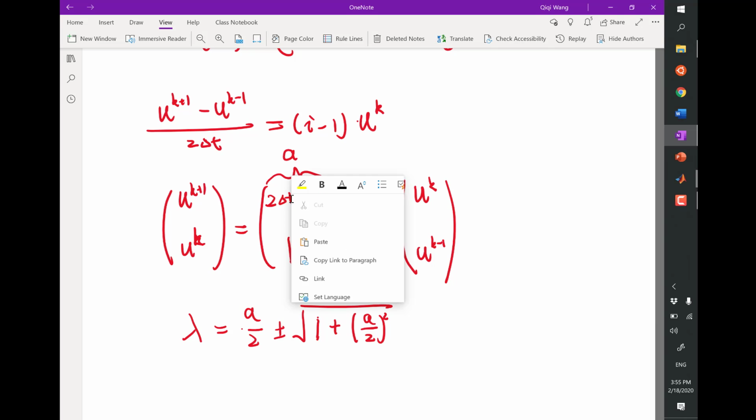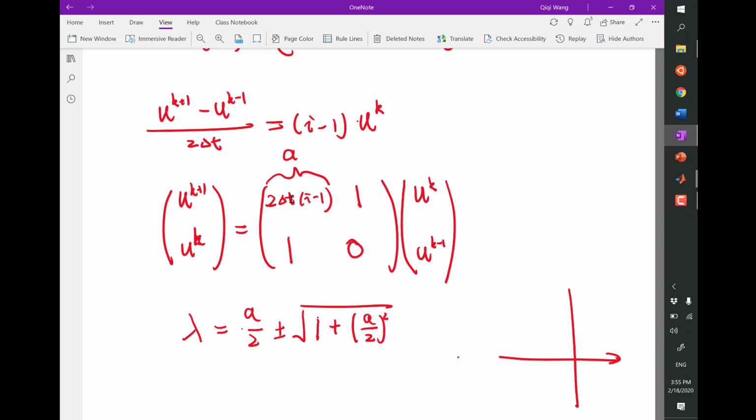For example, for forward Euler, we are going to draw out a region like that in the complex plane, with the imaginary part of A and the real part of A as axes. I know that as long as my A is in this region, I'm going to be fine.